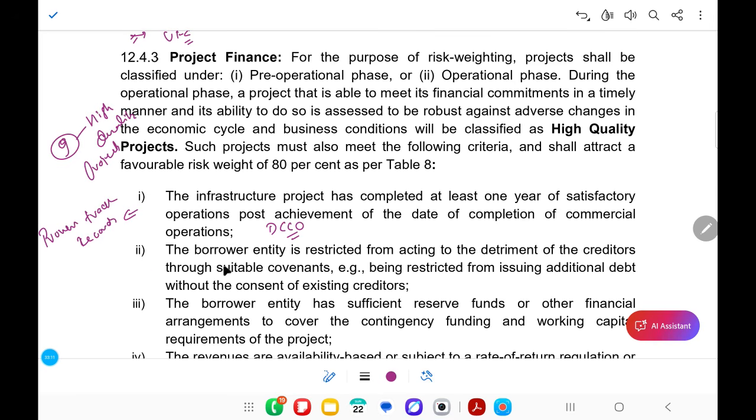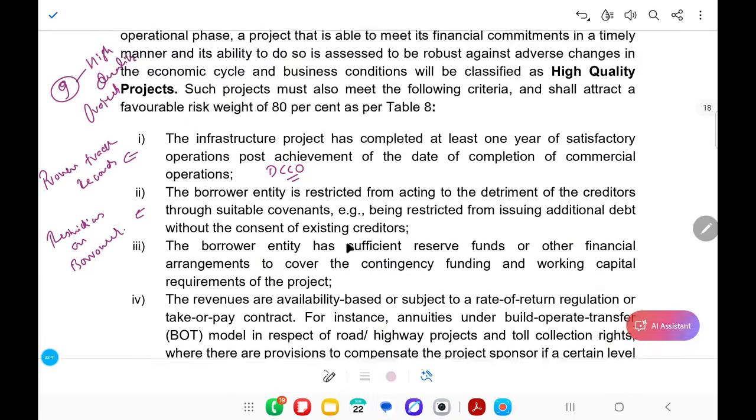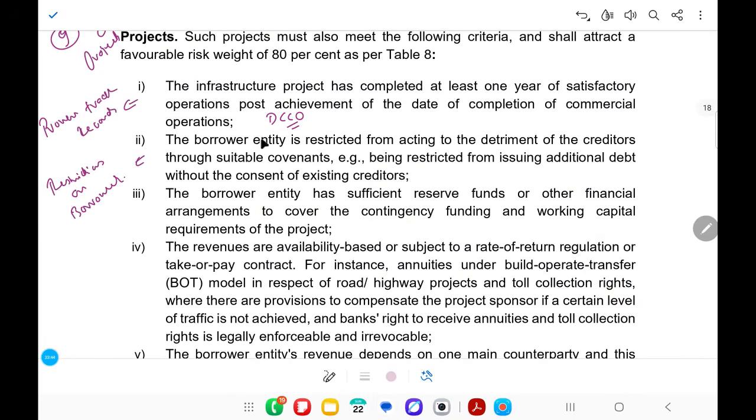Second is about the restrictions on the borrower, right? There must be suitable covenants in place that prevent the borrower entity from taking actions detrimental to creditors, such as being barred from issuing additional debt without the existing creditors' consent. So just to put a restriction on the borrower, so that the borrower behaves in a financially disciplined way. If this exists, then this criteria is fulfilled, right?